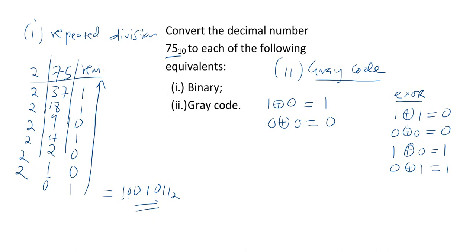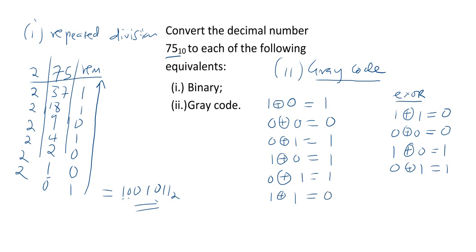We move next with 0 and 1, we get 1. 1 XOR 0, we get 1. Next is 0 and 1, we get also 1. And lastly, we have 1 and 1, which is 0.